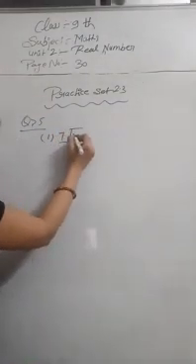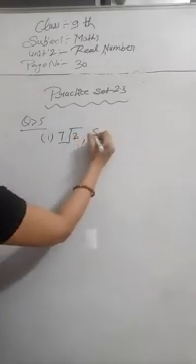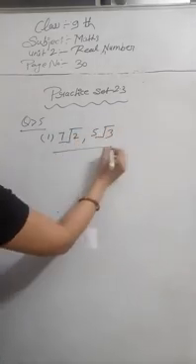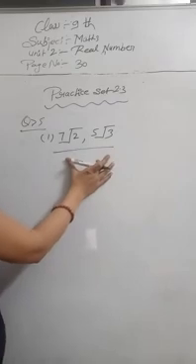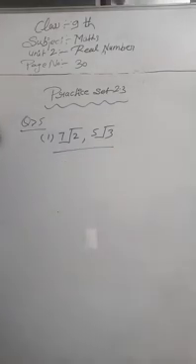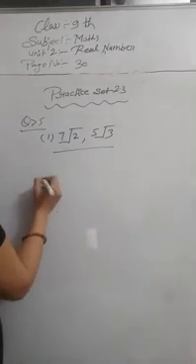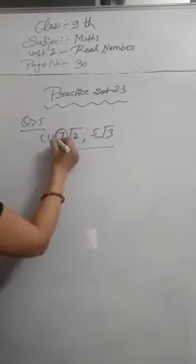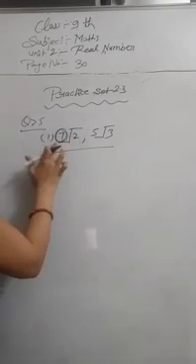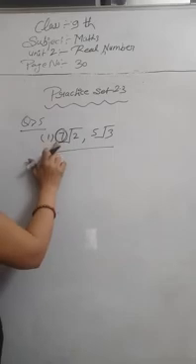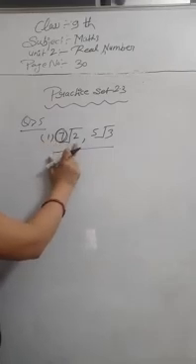First one: 7 root 2 and 5 root 3. So we have to compare these surds. First we have to put this 7 inside of this root.